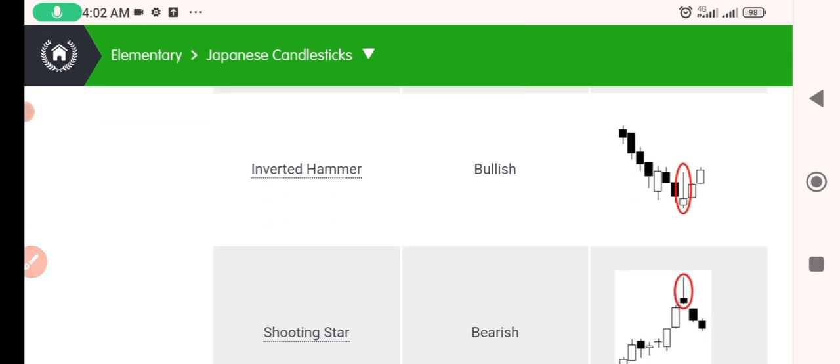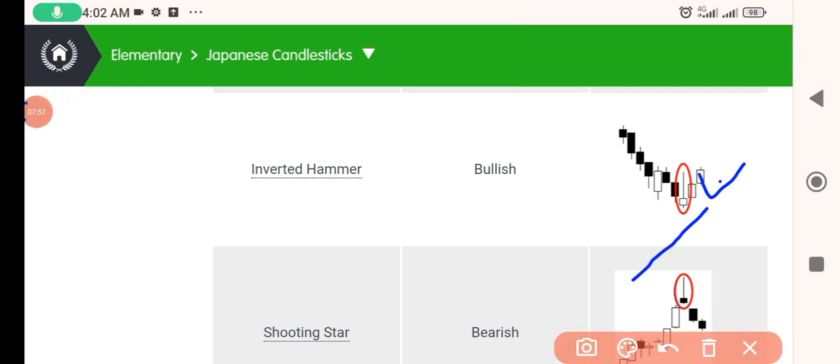Then this is an inverted hammer, and as you can see here, this inverted hammer that we are referring to is when the market is on the downside. The market is trading bearish and you are looking forward to buy. So an inverted hammer is applicable in a downtrend, either at a level of support or when you have a bullish order block, as the case may be.